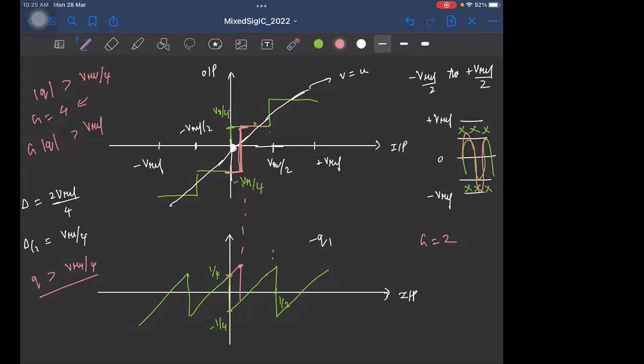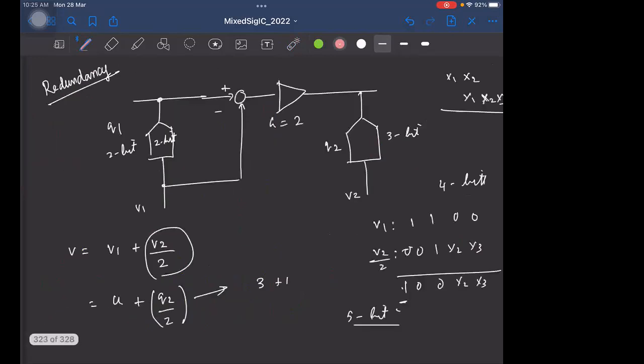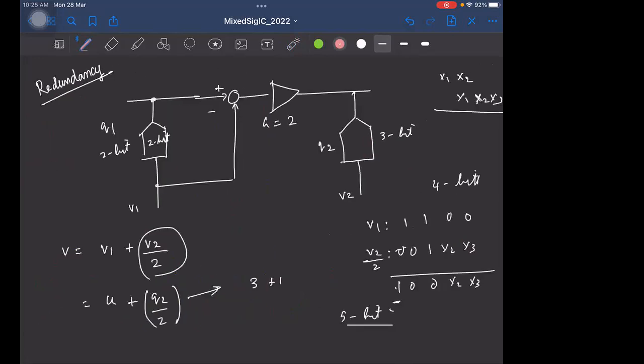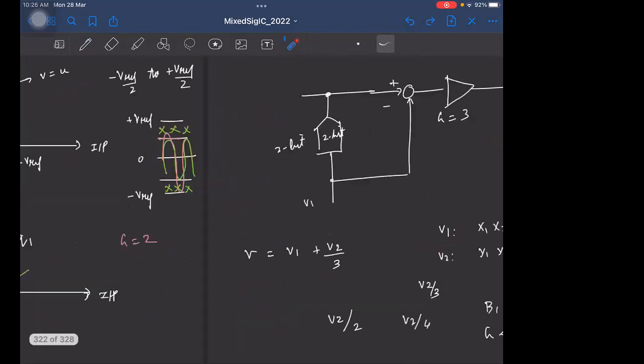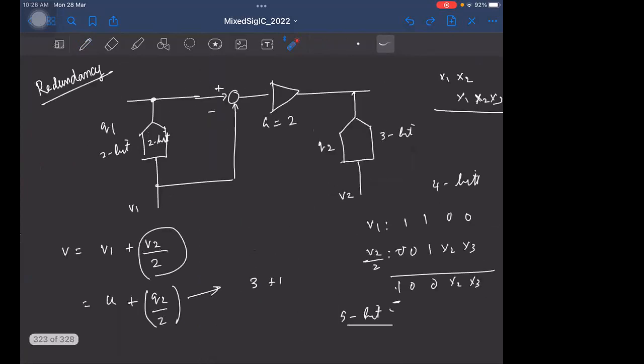Is that fine? Okay. No, the point is the quantization error you make finally still it will be within this bound. That is, you have Q2 by 2. Right?